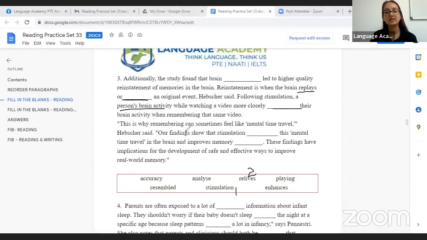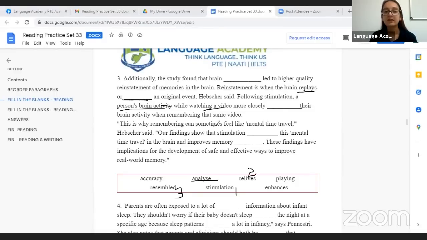And then some of you have written analyze. Activity is singular. How can you write a verb without S? So the answer was more closely resembled, means it was very closely same to the other brain activity when remembering that video.